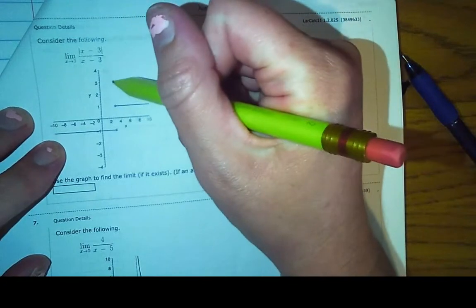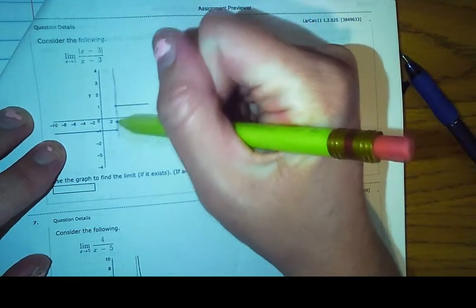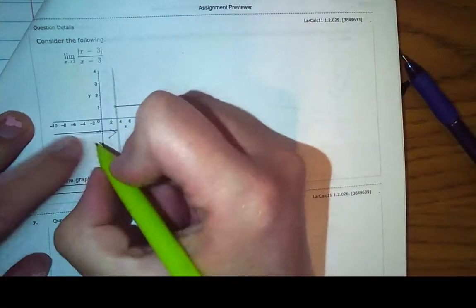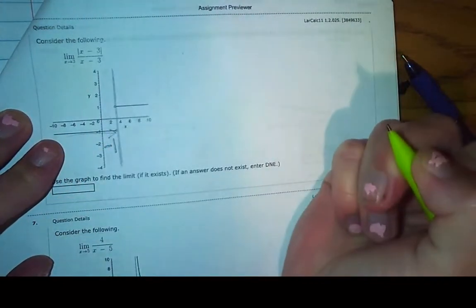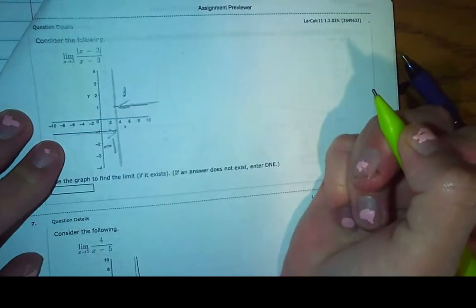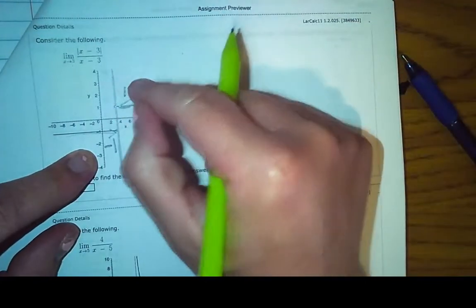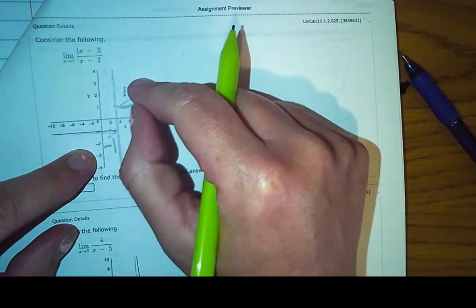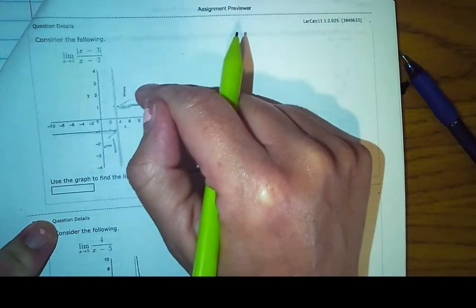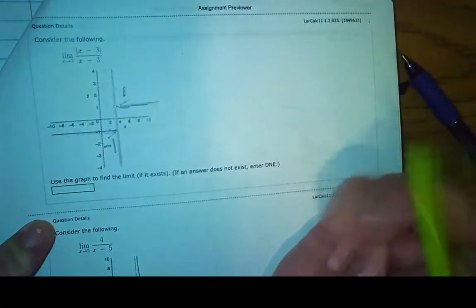So what y value, if my target is an x value of 3, am I creeping up to from the left? It's a -1. What y value am I creeping up to from the right? It's a +1. So does -1 equal +1? No, it does not. Since -1 does not equal +1, your limit does not exist.